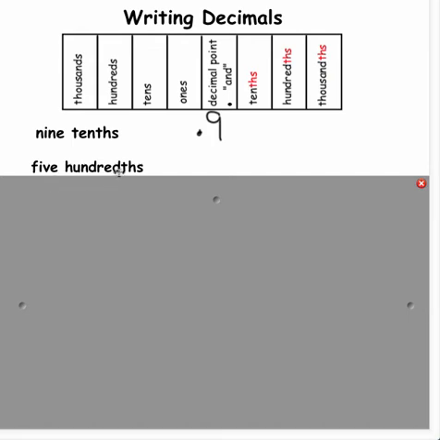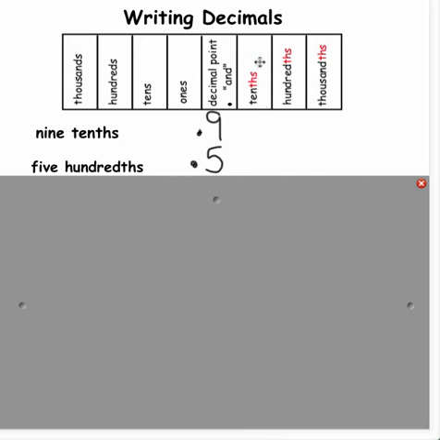Now I want to write 5 hundredths. Well, I'm going to look at my chart here. Hundredths is the second place over. So I need to have 2 digits here when I write my number. I'm going to first put in the decimal. And it says I have 5 hundredths. Now if I put a 5 here, would that be 5 hundredths?